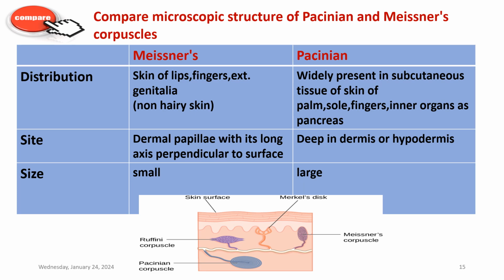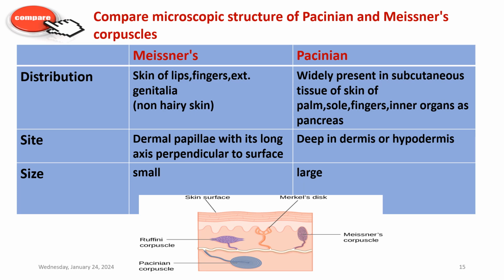Now we must know a very important comparison between the microscopic structure of two important receptors in our module. The first one is Pacinian, and the second one is Meissner. What about the differences between Meissner corpuscle and Pacinian corpuscle? Distribution, site, size: all of these are the main points you must talk about in comparison.